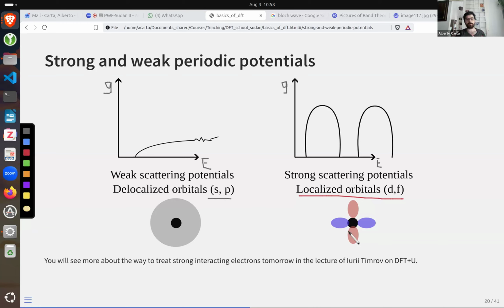These are also more localized in the density of states. You will learn a lot about the difference between these two pictures in the very next lecture tomorrow with Professor Timrov.